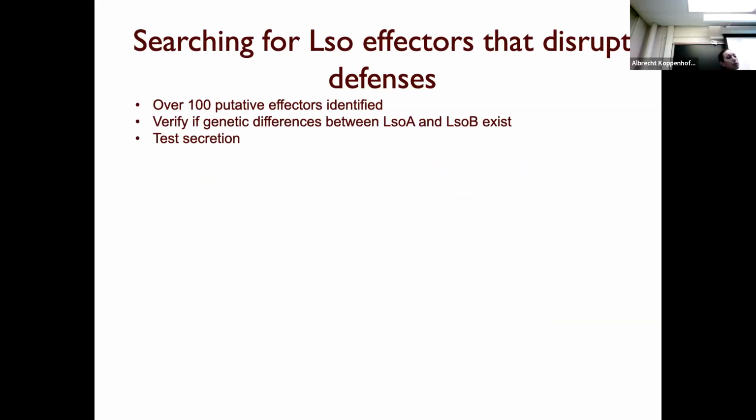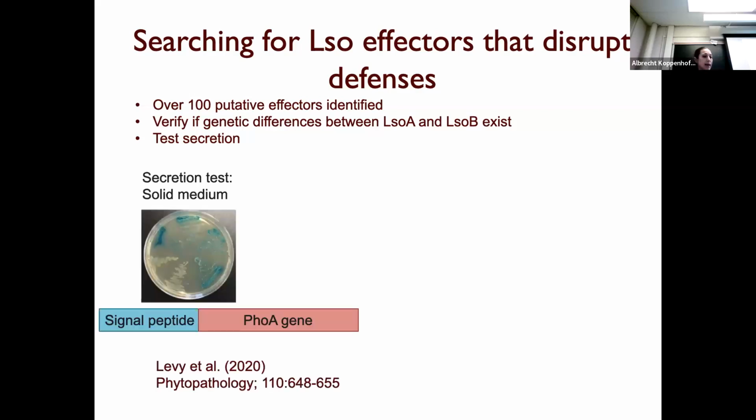It's not because the computer tells us that it's going to be secreted that the protein is really secreted. We cannot culture Liberibacter, so our secretion test is done in Escherichia coli. And what we do is we do 3 steps. So first we clone the signal peptide of the effector, the one that says this protein needs to be secreted and liberated on the outside.